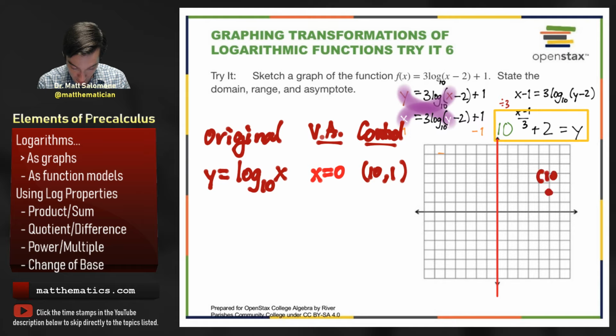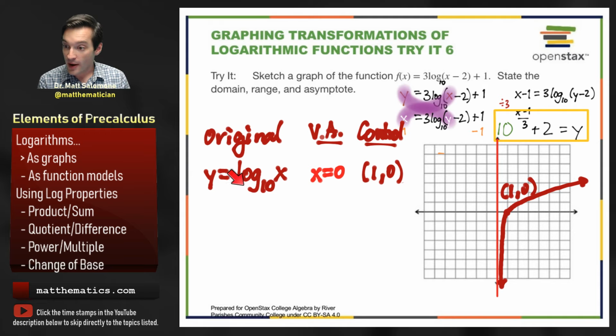So here's my original function, my y equals log base 10 of x, and then it would have a point here at, actually no, not 10, 1. Sorry about that. We're going to call this control point 1, 0. Okay, the x-intercept is going to be right there at 1, 0. So this is what my original graph would look like.